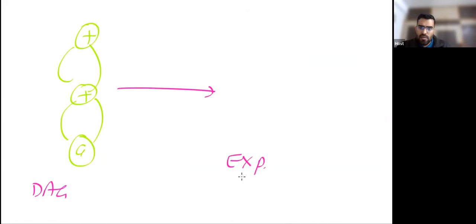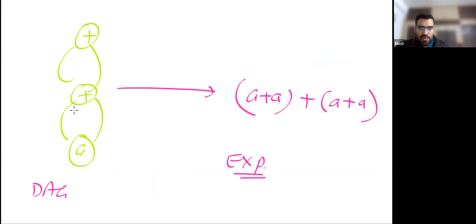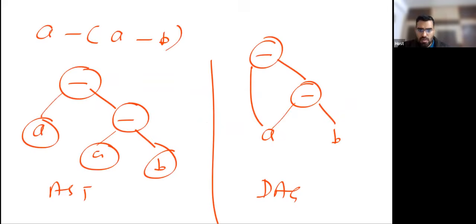It means we have a plus a, and then we are doing a plus a, so you have a plus a plus a plus a. So this DAG is for this expression. Is this clear now? This directed acyclic graph, is this clear?